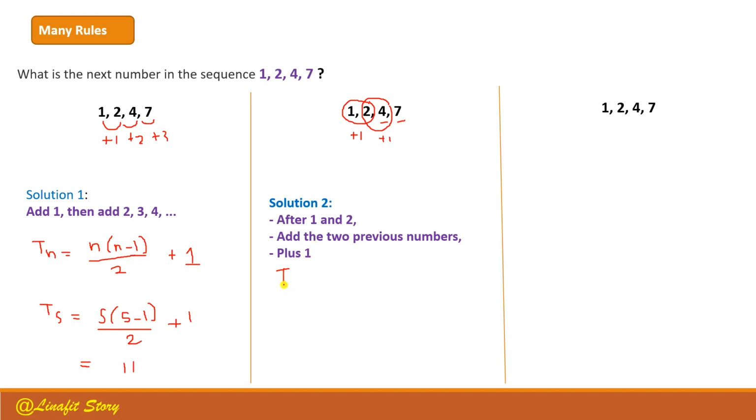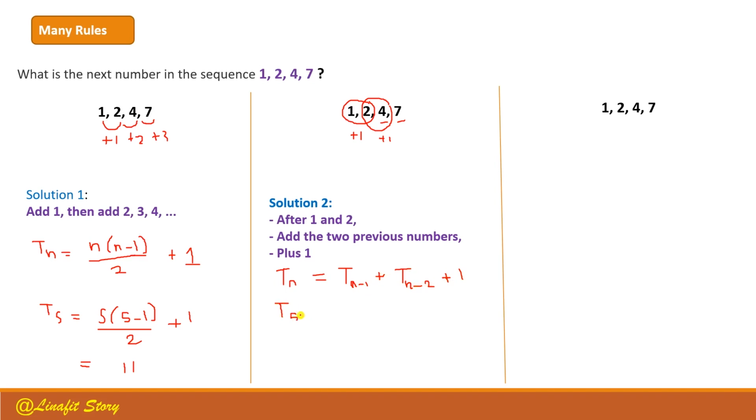So, Tn is equal to T(n minus 1) plus T(n minus 2) plus 1.